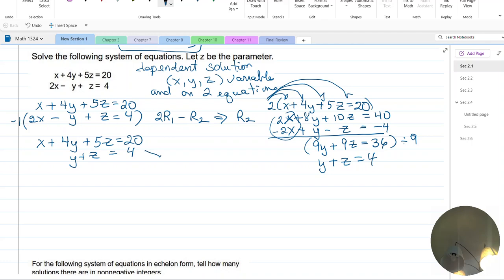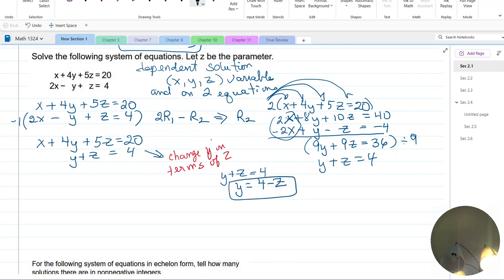So I'm going to do an identity in terms of z. As I do that, I have y plus z equal to 4. Then y must equal 4 minus z. All right. So this is my identity.